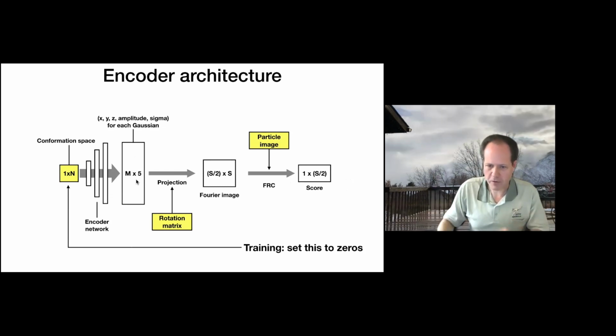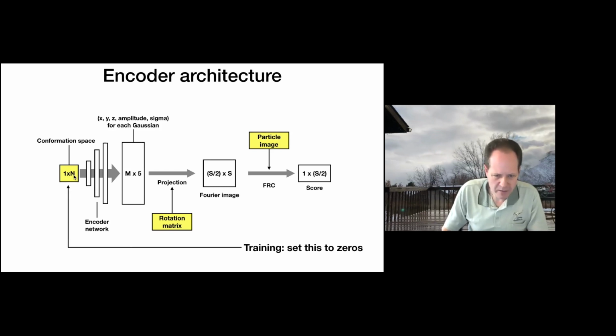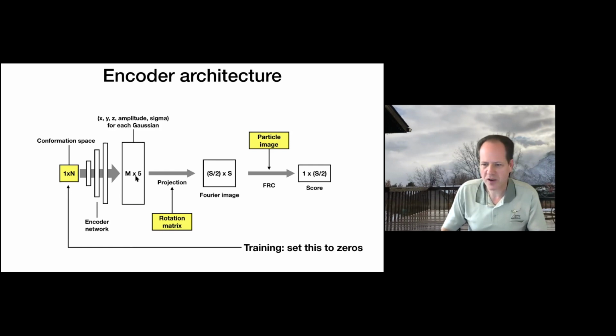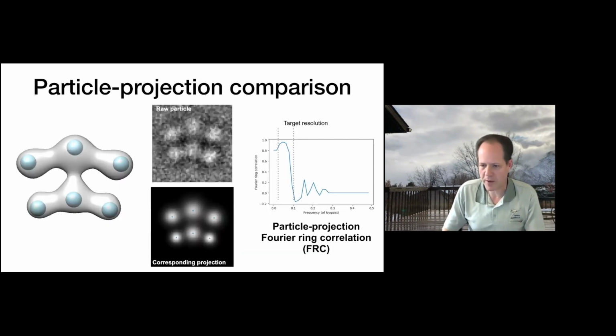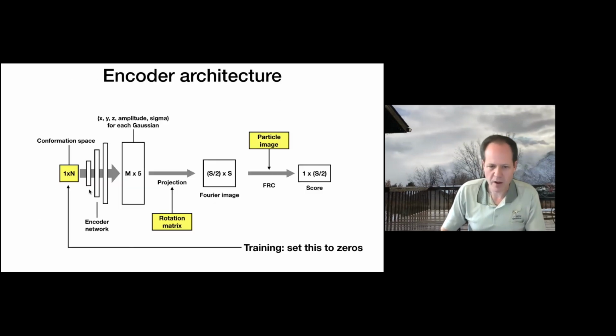So 5 variables for each Gaussian, and you have m Gaussians. N is the number of latent variables, and that's typically, say, 4. So basically what we're doing here, when we're training just this part, is we're setting this to 0, and we're making it so 0 produces the neutral configuration. So it's basically producing this configuration of the Gaussians when you have all zeros in your intermediate vector.